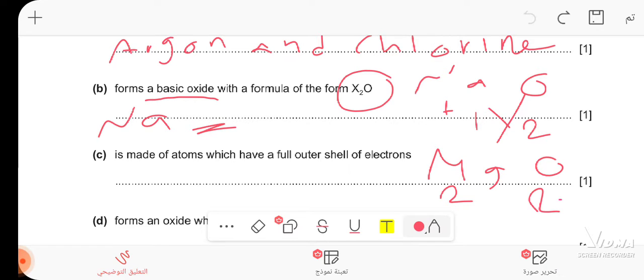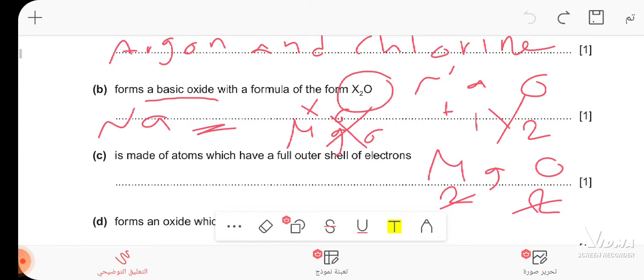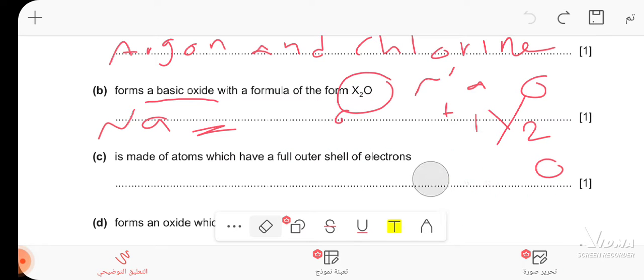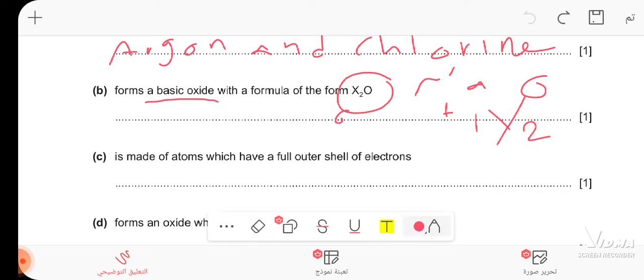So 2 will be cancelled with 2 and the formula will be MgO. So the formula will be XO, not X2O. So magnesium will be wrong, and this is why I chose sodium. I explained it again to illustrate the answer. Here, sodium.